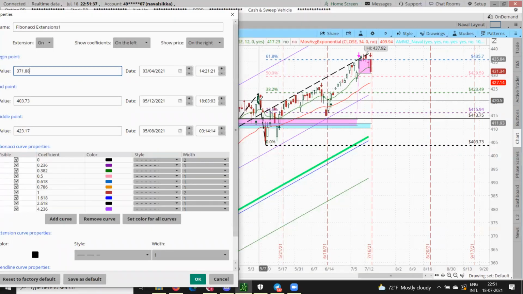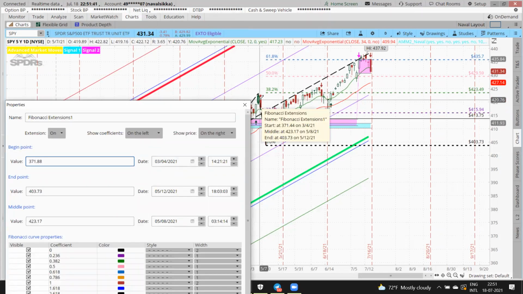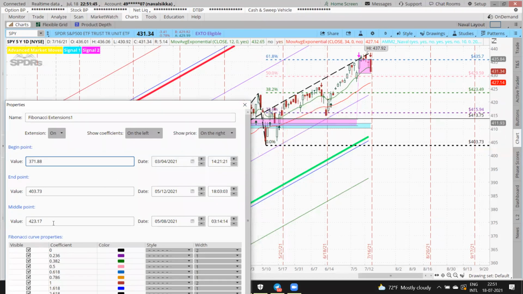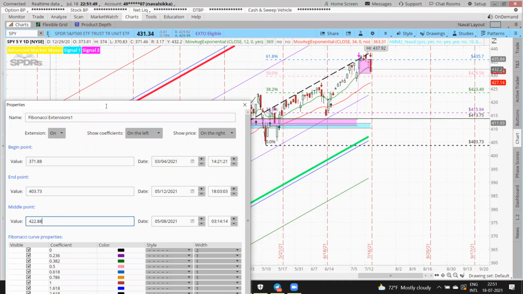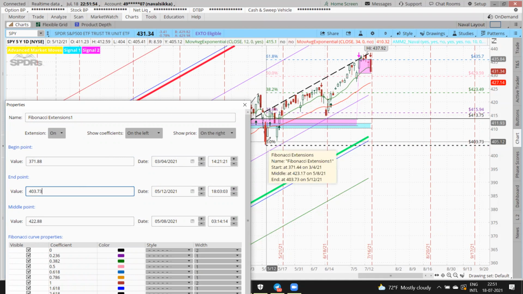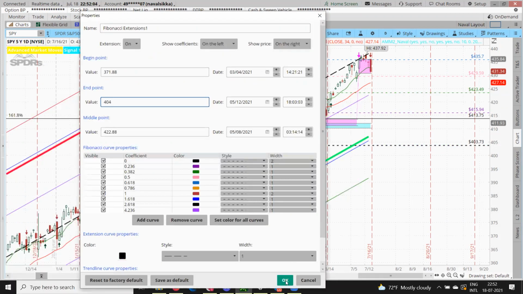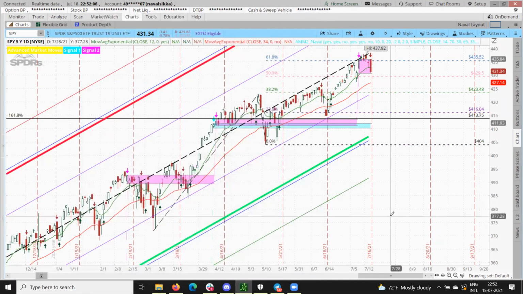Then the high, I'm looking at the top of the candle, 422.88. Then the bottom is 404. All right, once I am done with that, I click OK.